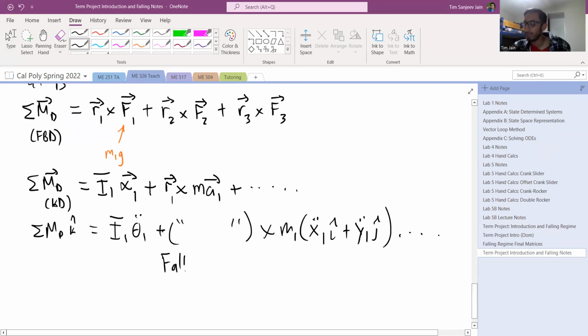And then you have certain constraints because all three links are rotating together as a rigid body.